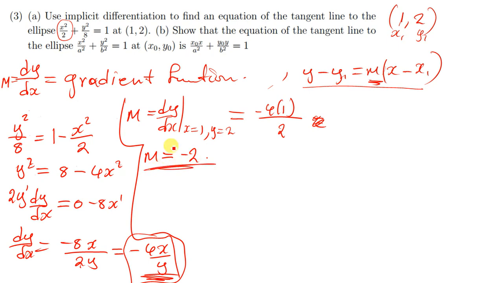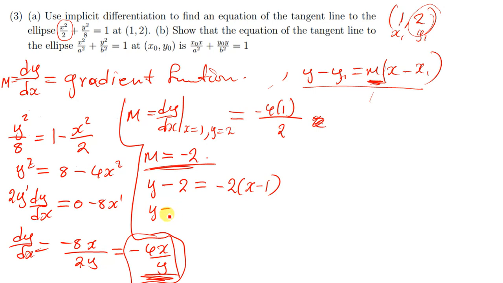Let us now replace the gradient there. Then we also put 1 and 2 in the equation. So we're going to have y minus y1, which is simply 2. Then this is equal to my gradient, which is simply negative 2, I'm writing my value of m there, and then x minus x1, which is simply 1. Okay, so we can simplify this.